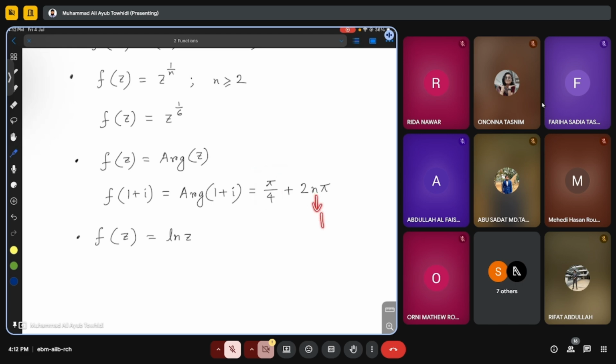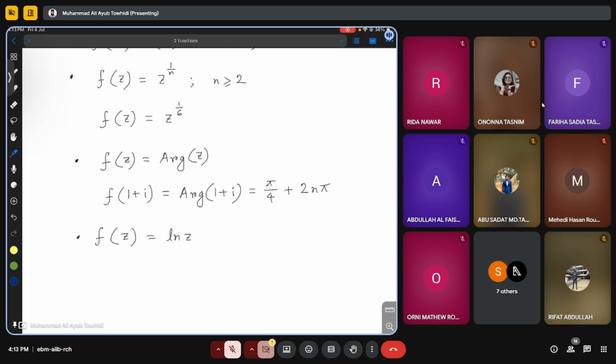If you take n equals 1, then pi by 4 plus 2 pi, that is also the argument of the same number. If you take n equals 2, this will also be the argument of the same number. So the same number, for example 1 plus I, actually has infinite values of arguments. You just change the value of n, you will get a new value of the argument. So this is a multivalued function.